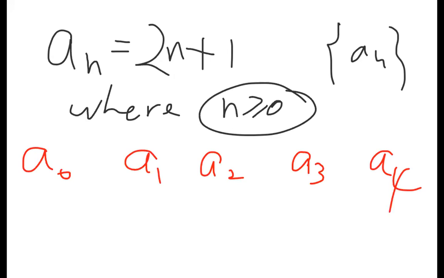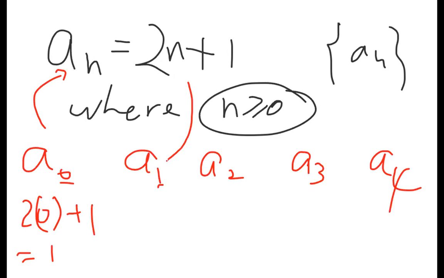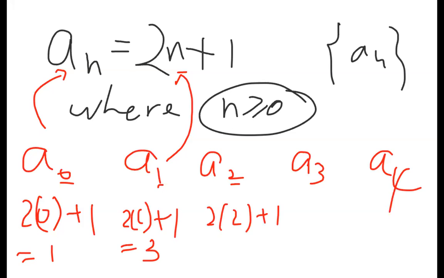Right? So when you plug in 0 into this general term, 2 times 0 plus 1 is 1. For the second term, you plug in 1 into this general term. 2 times 1 plus 1 becomes 3. For 2, you plug in 2 into the general term. 2 times 2 plus 1 is 5.